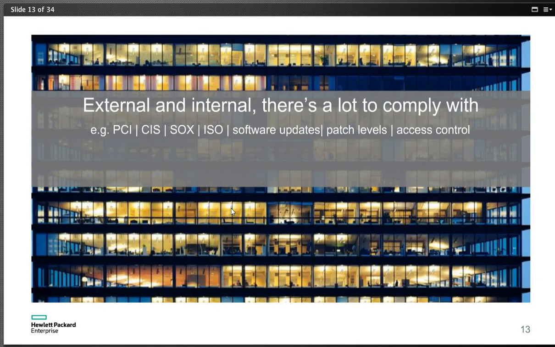And in that world of many, there's also a lot to comply with, both externally and internally. When we talk about internal compliance, we're referring to those company policies that organizations have to adhere to, such as software updates and patch levels and access control and authentication. And there's also external compliance, the regulatory industry and governmental benchmarks that are designed to protect privacy and data, like CIS, like PCI, like SOX.